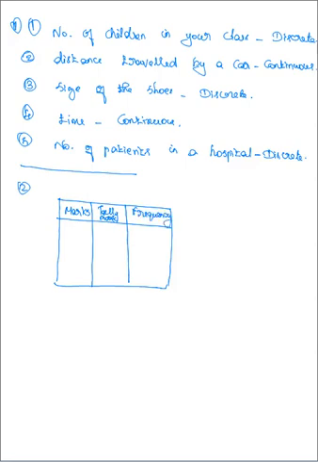They have asked to take the class intervals 1 to 10, 11 to 20, like that. So 1 to 10, 11 to 20, 20 to 30, 30 to 40, 40 to 50. For 1 to 10, 4.